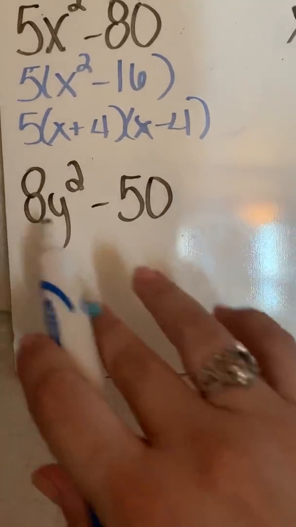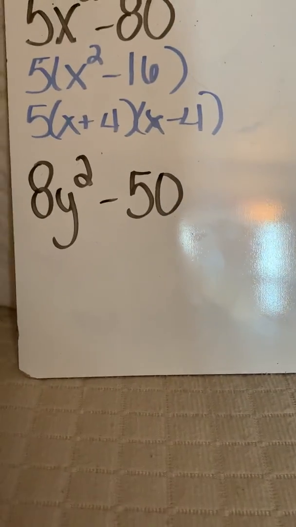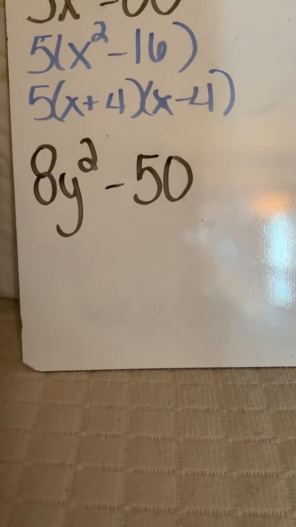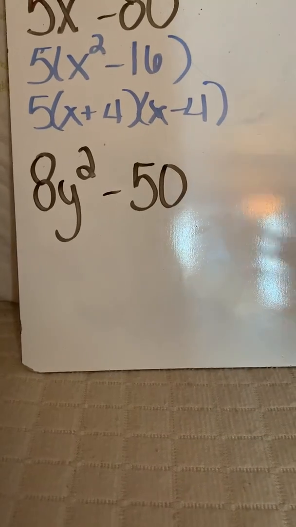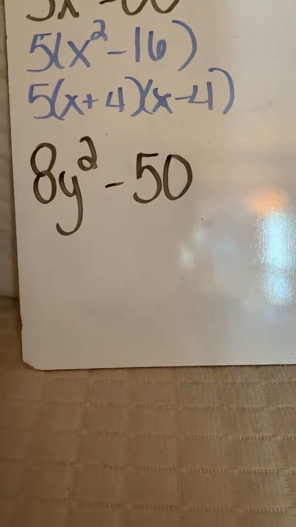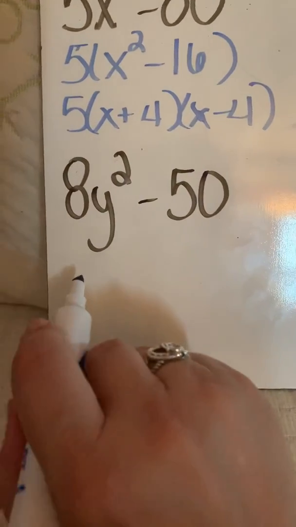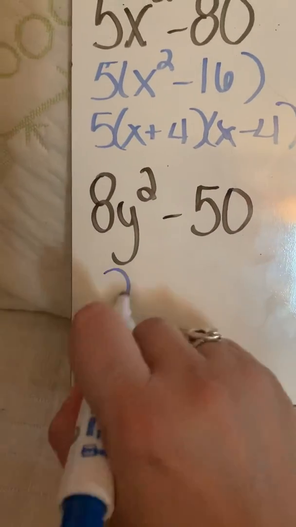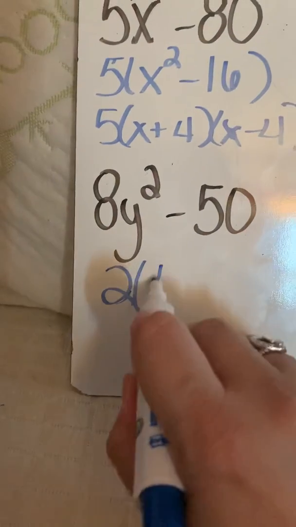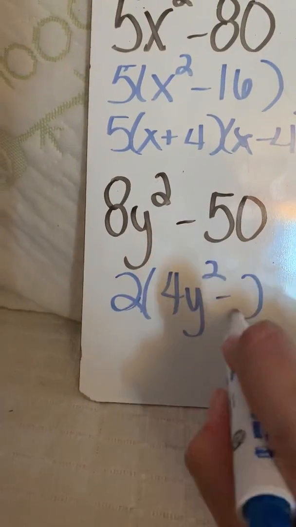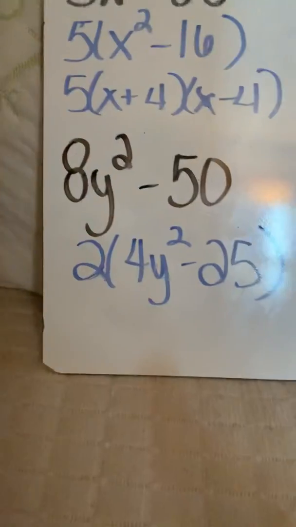So this one here, again, we're dealing with a difference of squares. Is there something we can factor out of there? That should always be your first question. So let's pull out a 2. Then we're left with 4y squared minus 25.